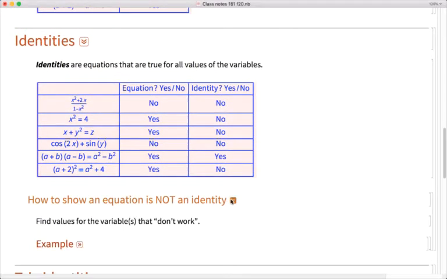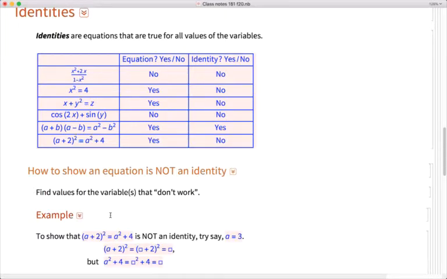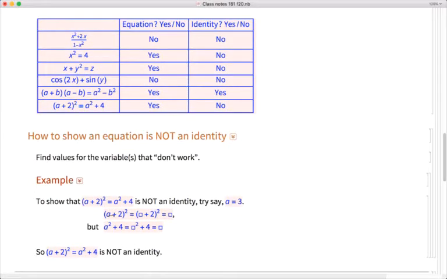Okay, so I actually just did what I have in the notes here. In order to show that an equation is not an identity, all you need to do is find one particular value for the variable that doesn't work. That is, that makes the equation false. So what did I do? I just picked a equal 1 to show that this was not an identity, but I could have just as easily picked the number a equal 3.